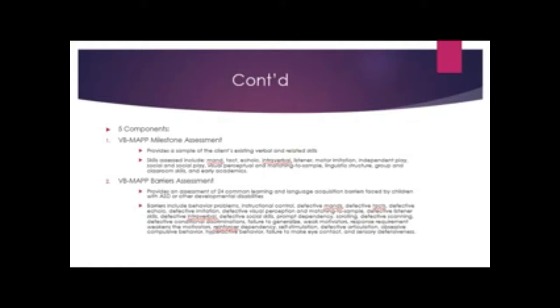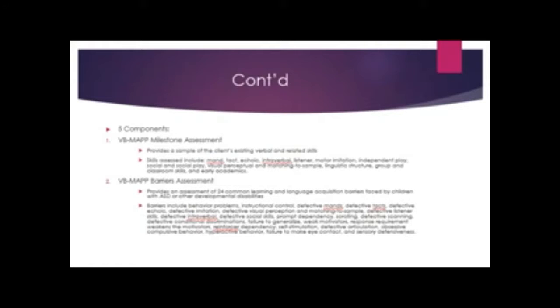And the VB-MAPP barriers assessment, that's the second component. This part provides an assessment of 24 common learning and language acquisition barriers that are potentially faced by our clients with ASD or other developmental disabilities. And so this component of the assessment includes behavior problems, instructional control, defective mands, defective tacts, defective echoic.